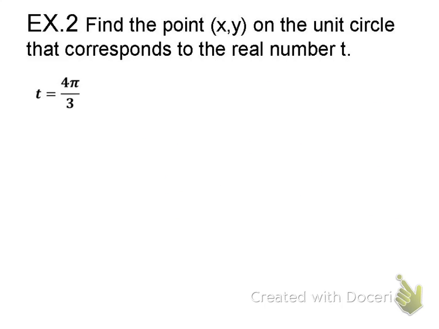Okay, number 2 says find the point x, y on the unit circle that corresponds to the real number t. So instead of theta, they've given us t equals 4 pi over 3. So if you look on your unit circle for 4 pi over 3, it's in the same position that 240 degrees is.